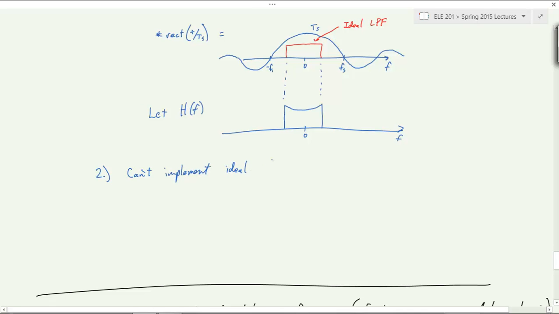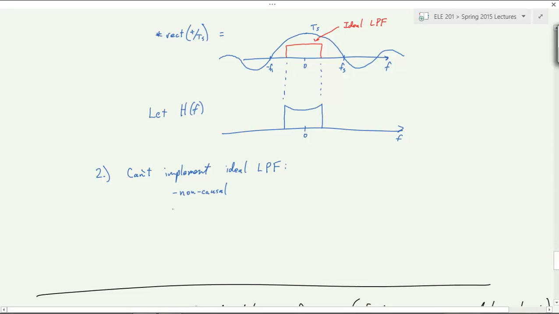When we introduced the ideal low-pass filter, we said there are some issues with this. For one thing, it's non-causal, right? That may not matter. Being non-causal simply means that if you're trying to do this in a real-time process, you'd have to introduce a delay. So maybe that delay is okay, maybe it's not okay.